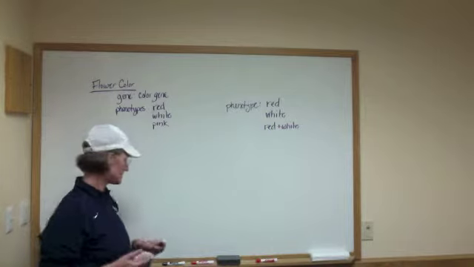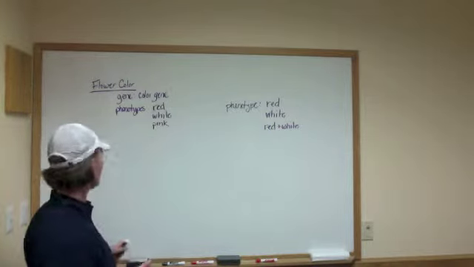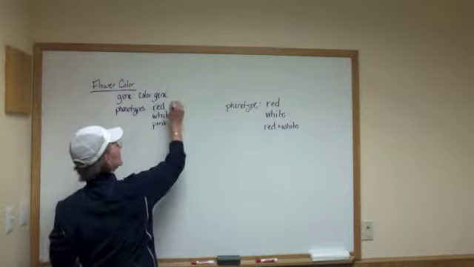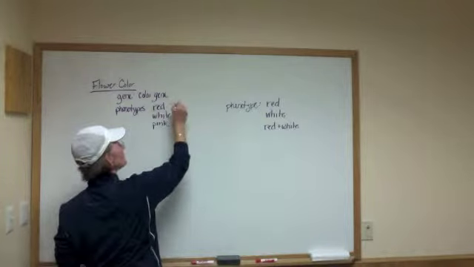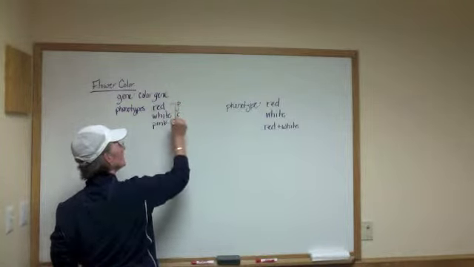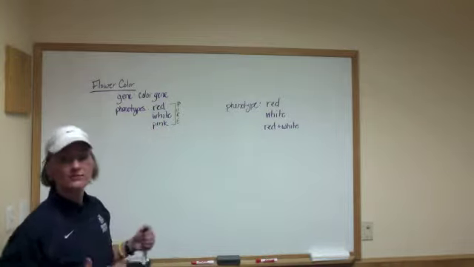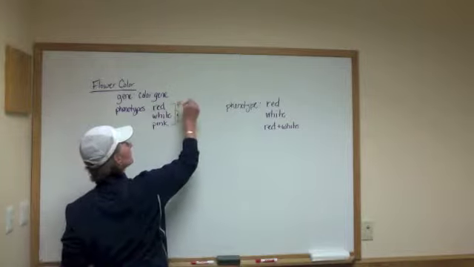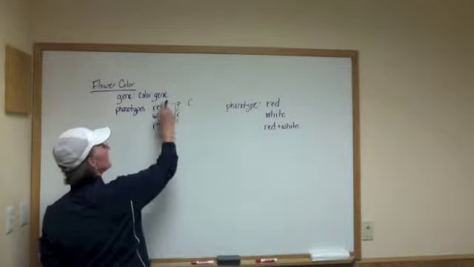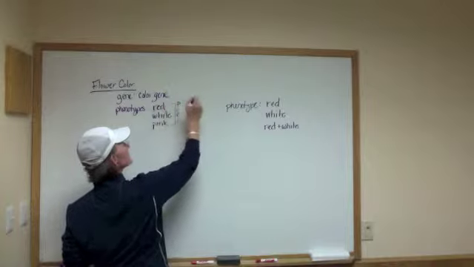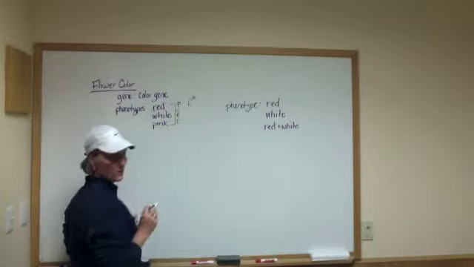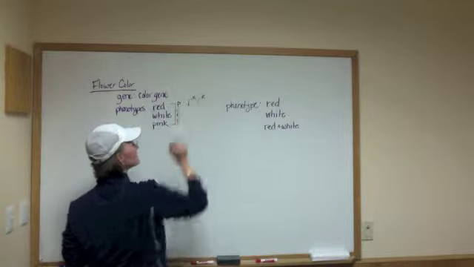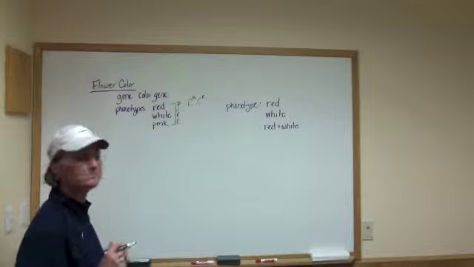So to represent this, if we were going to look at the genotypes of pure plants, we need to use a very different way to represent that symbolically. And we have to use a C for the color gene. And the color gene in this case, if a plant is red, one parent gives a color gene that carries red, and another parent gives a color gene that carries red.